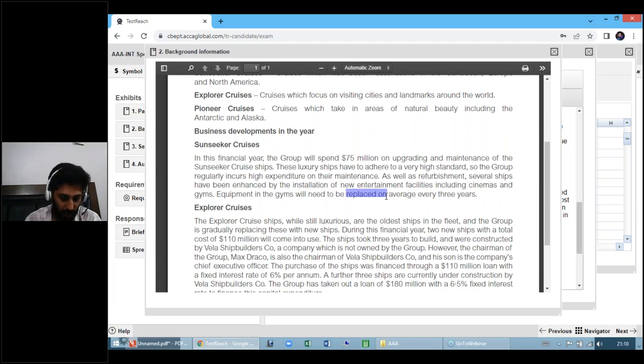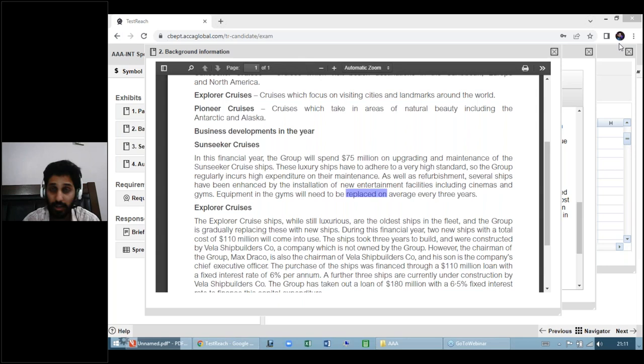Every 3 years. Now there is a very important point: in IAS 16 it is written that whenever there is a non-current asset and it can be split down, categorized into significant portions, depreciation would be charged separately on the individual component. To summarize quickly, the value of the gym and cinemas should be separately categorized.